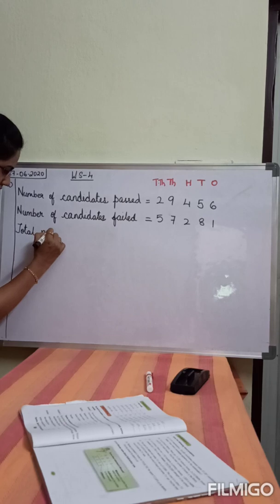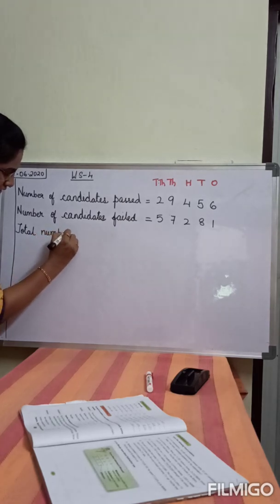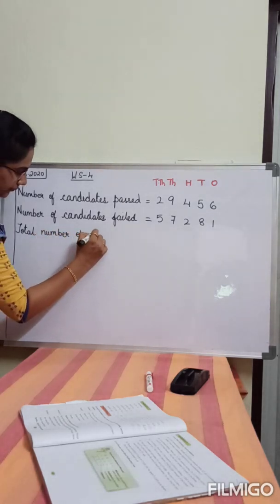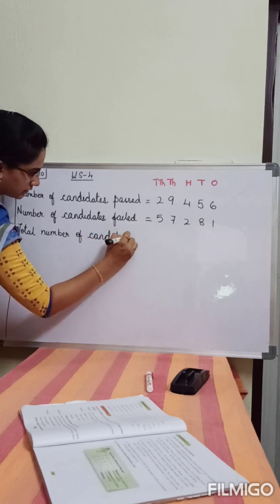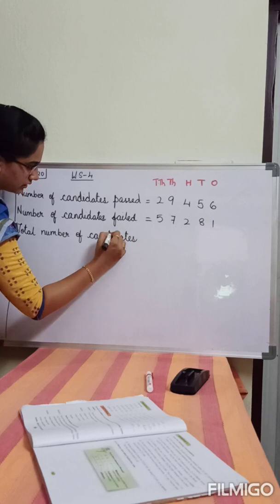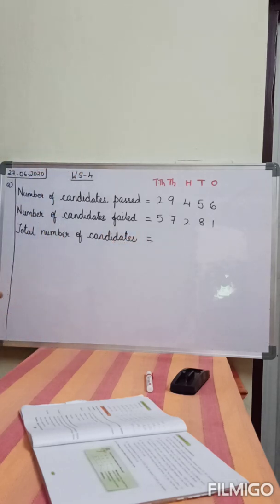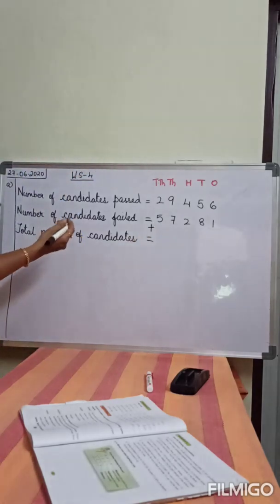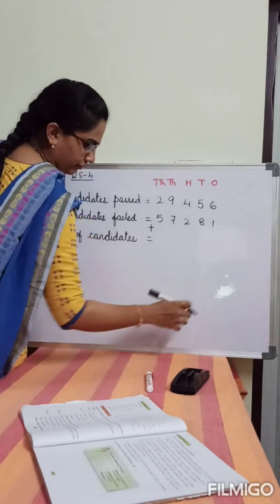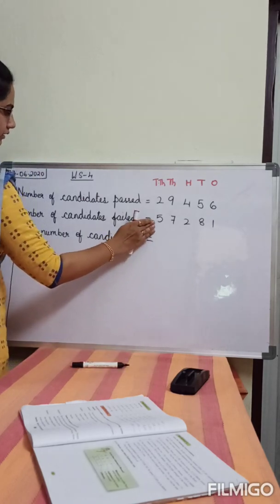Total number of candidates is equal to, I have to add 29,456 and 57,281. You can add it here, or if you want you can add in the rough column. I am adding it here only.